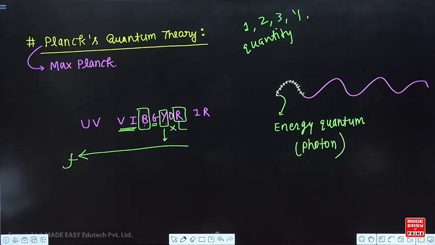Planck gave name quantum to the smallest quantity of energy that can be emitted or absorbed in the form of radiation, full stop. The energy of a quantum of radiation is proportional to its frequency.